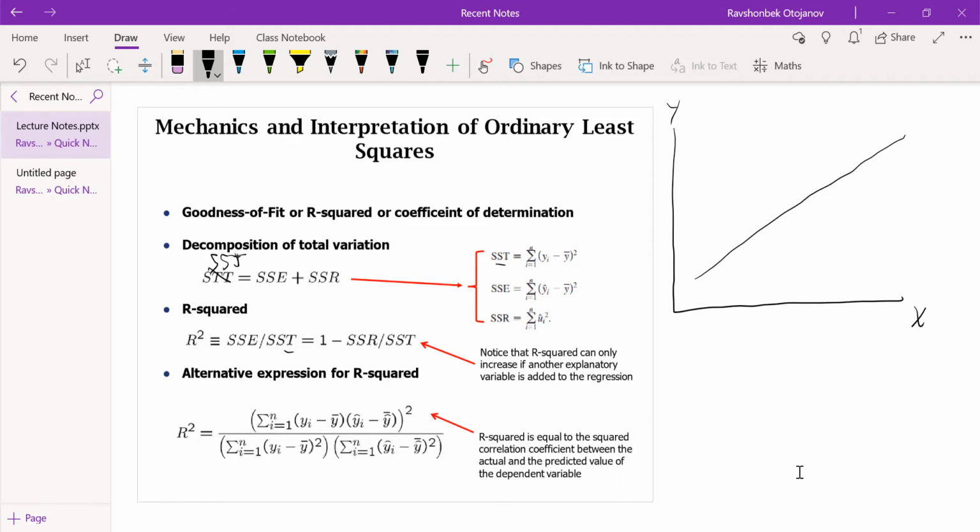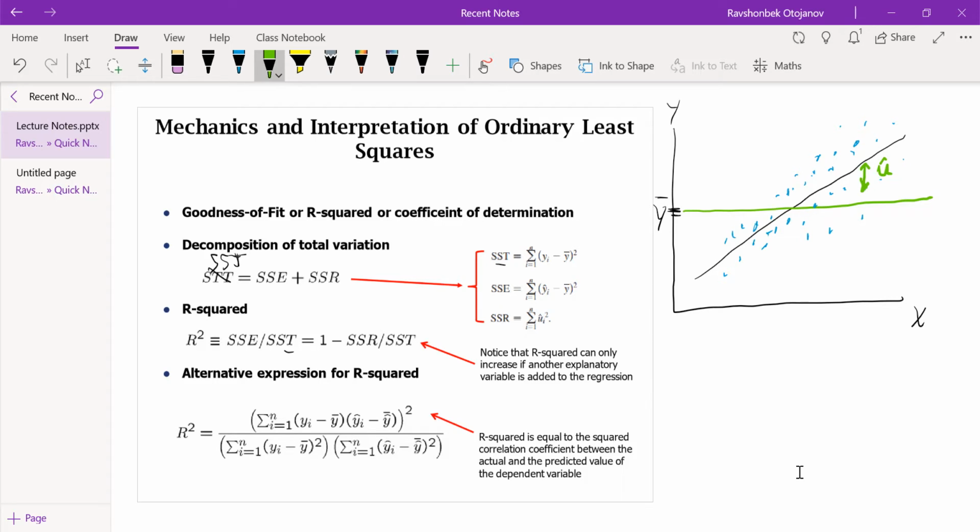Y, X. Let's say the Y variable, mean of Y, is described by this line, and let's also assume that these are the data, the fitted data around the fitted line. Let's take this point here. This distance here would be the residual.